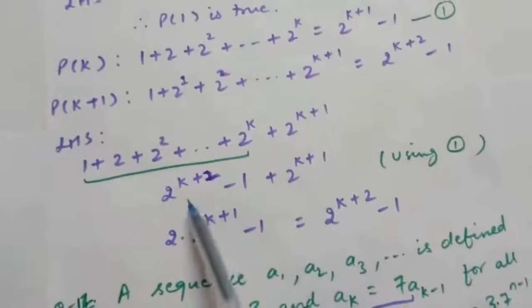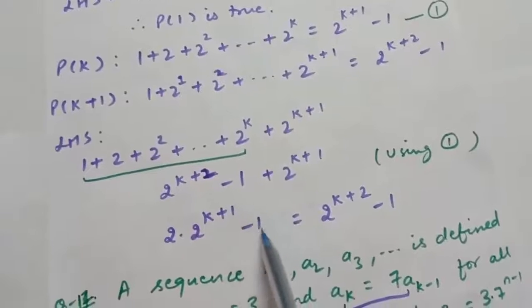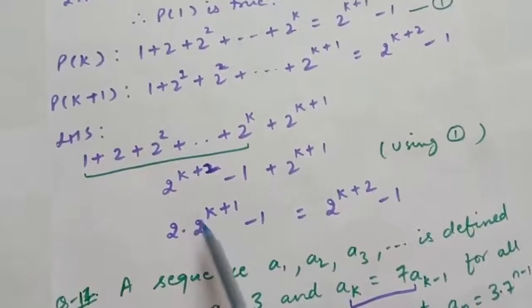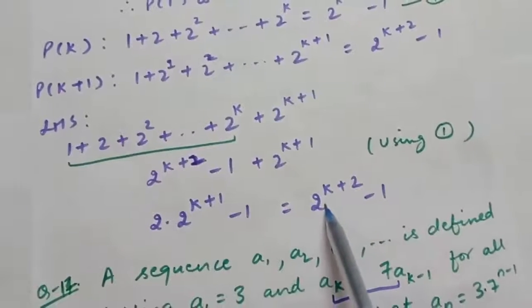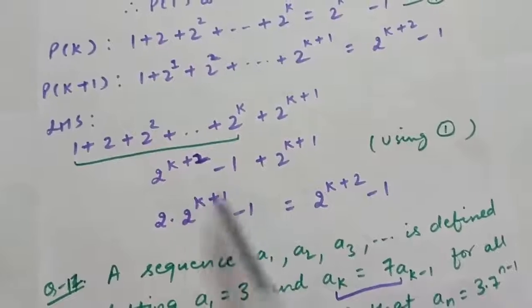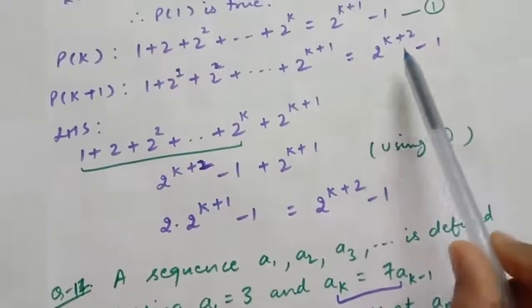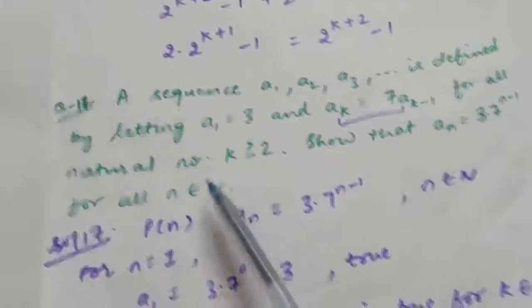Now this is twice of 2 raised to the power k, so this is 2 raised to the power 1, and this is 2 raised to the power k plus 1. So bases are the same. Therefore add the powers. So 2 raised to the power k plus 2 minus 1, which we wanted to show. Right? Now question number 17.